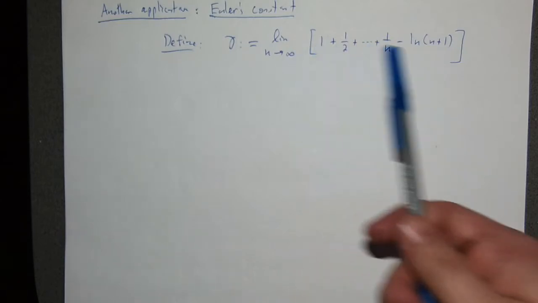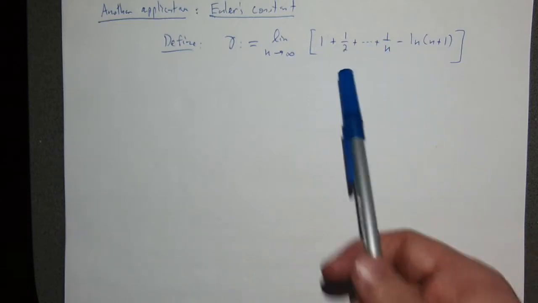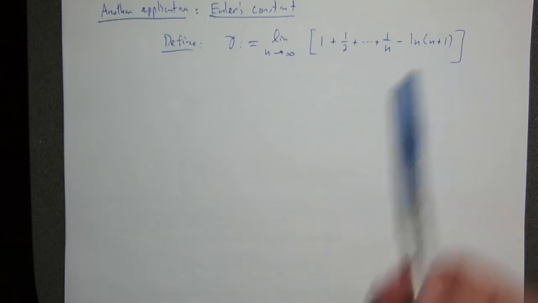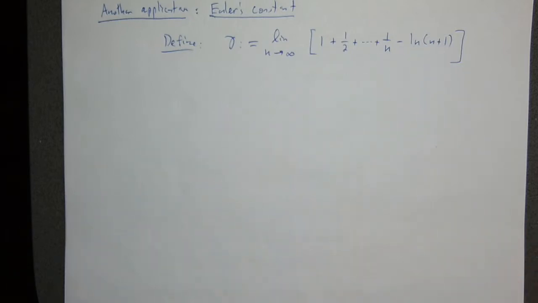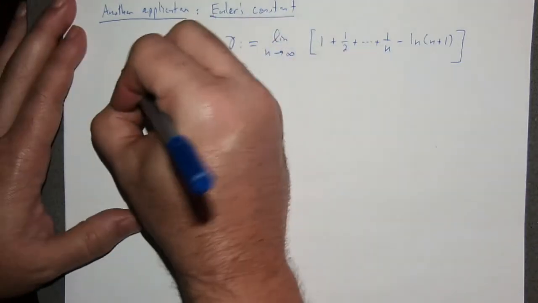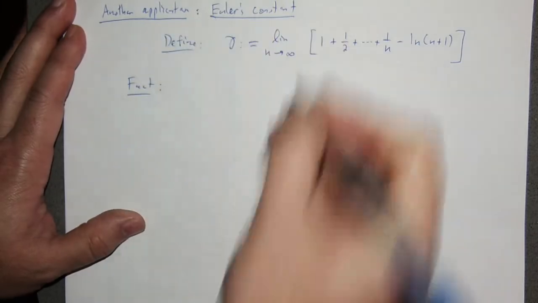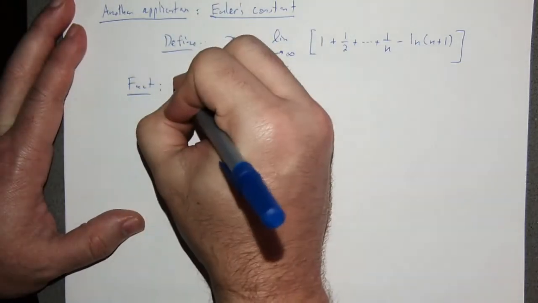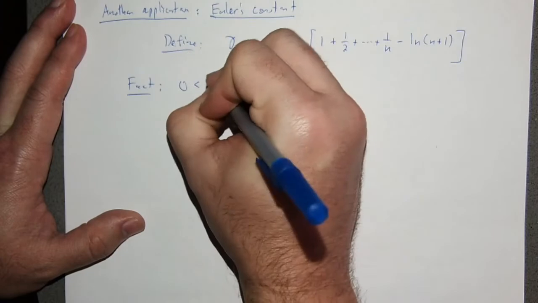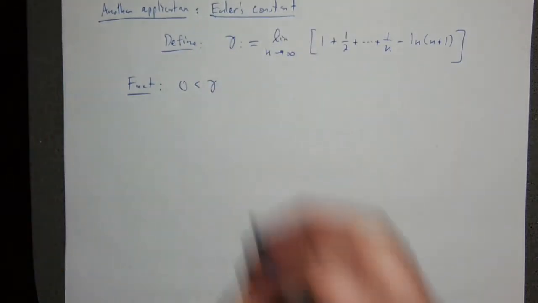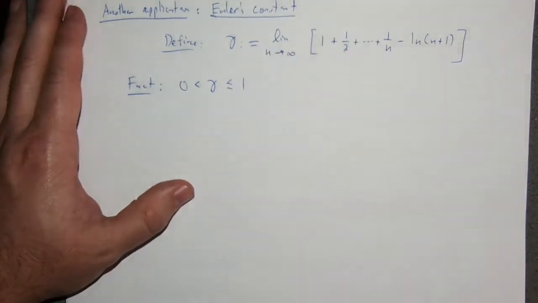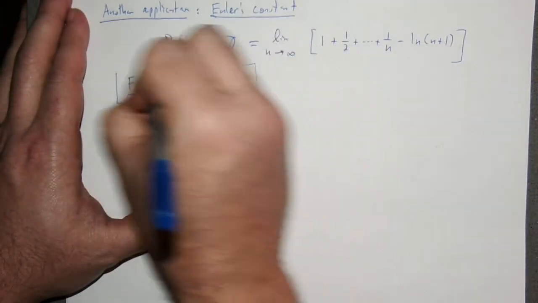Because this is summing the terms in the harmonic series, and this is comparing that to the growth of the natural log. Okay. So a fact that you can actually prove with the Lagrange remainder theorem is that the Euler-Mascheroni constant is bigger than 0, and it's less than or equal to 1. Okay.